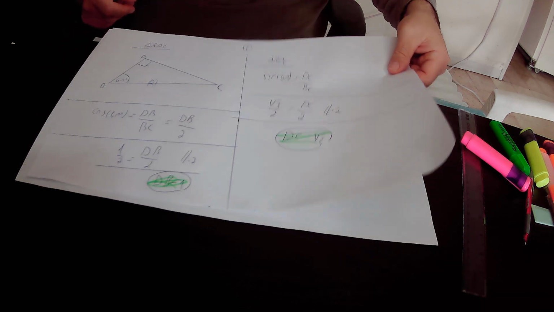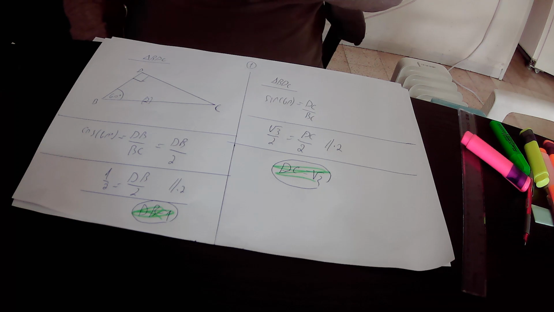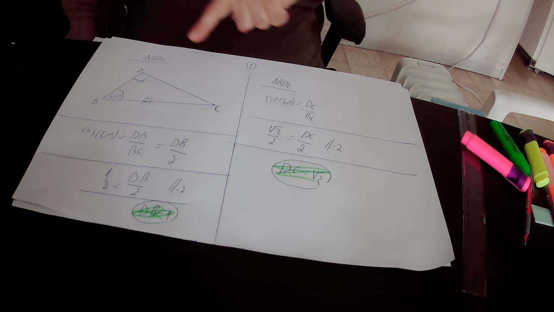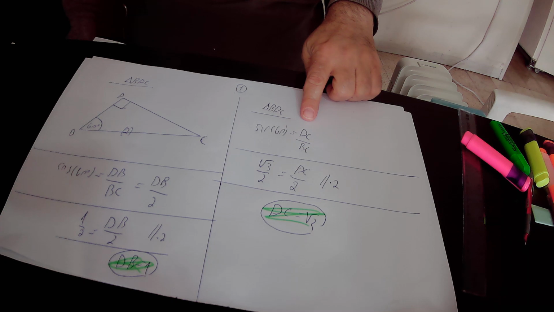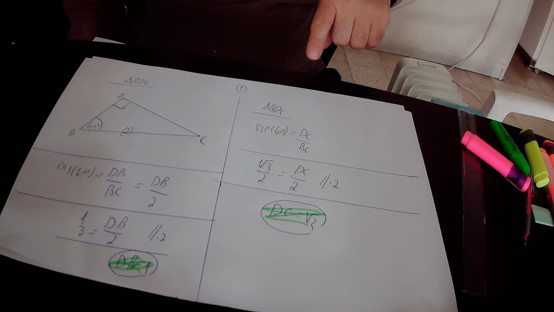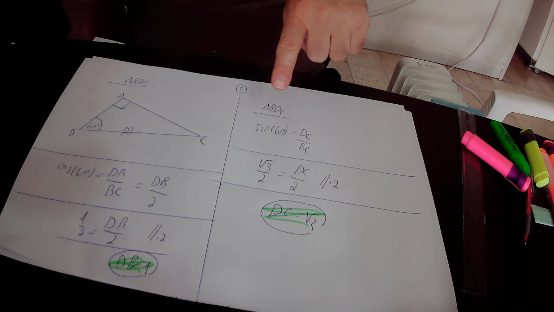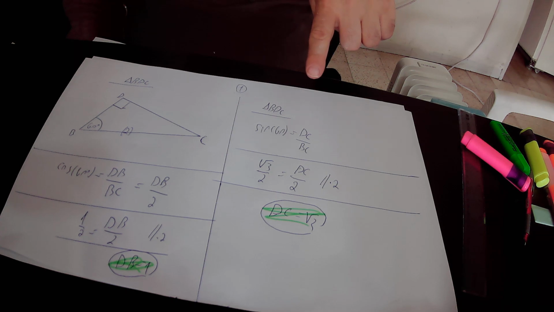Then we continue to focus on the right triangle DBC. In the right triangle DBC, sine of 60 degrees equals DC over BC. Sine of 60 degrees is equal to square root of 3 over 2. That is equal to DC over BC, and BC is 2.